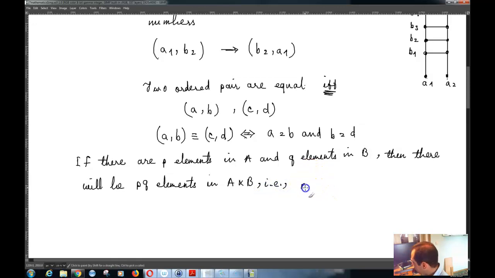That is, if n of A is equal to p, and n of B is equal to q, then n of A times B, or the n of the Cartesian product of the two sets, is going to be p times q.